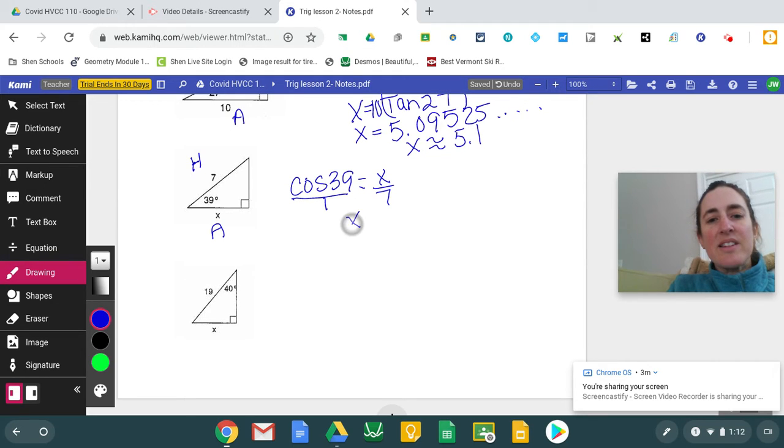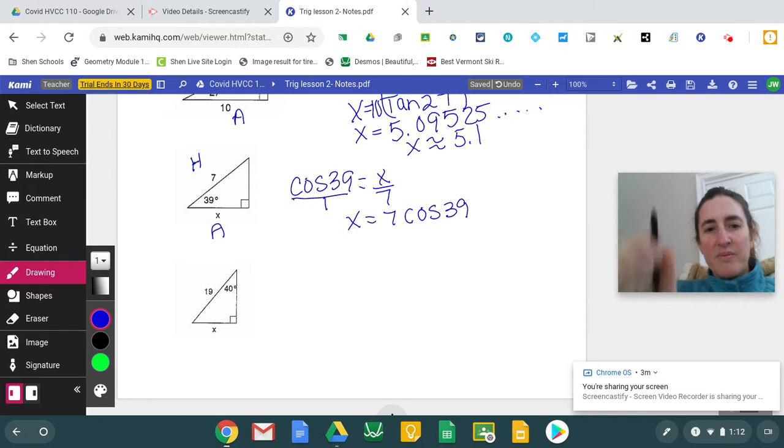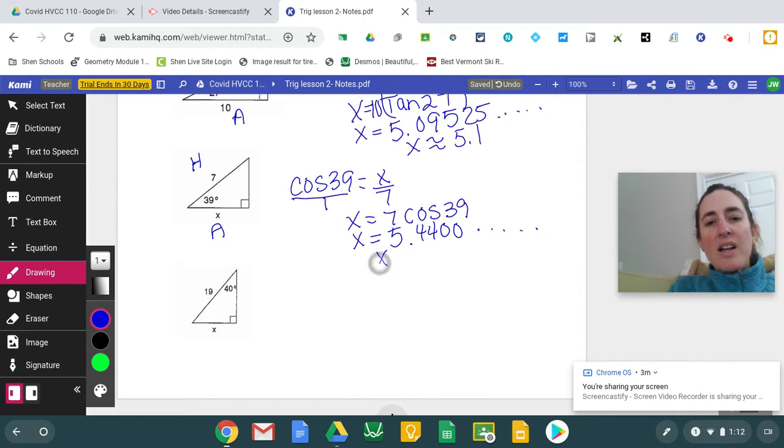So now x equals 7 times the cosine of 39. If I type in 7 cosine of 39 on my calculator, I end up with x equals 5.4400... And approximately, if I round it to the nearest tenth, that's 5.4.